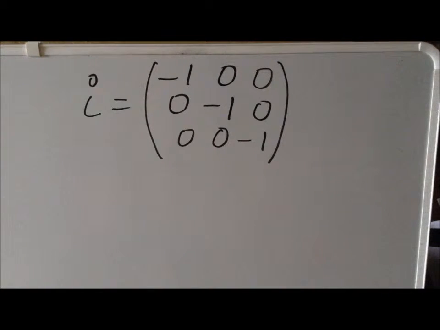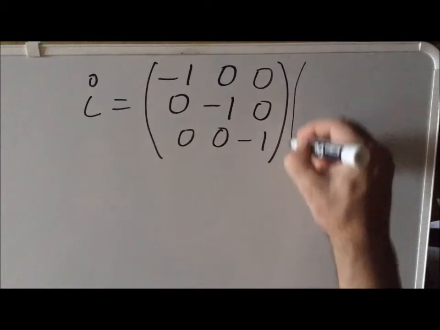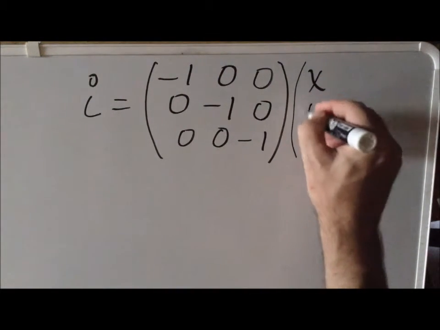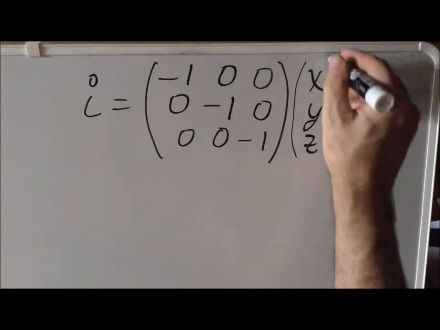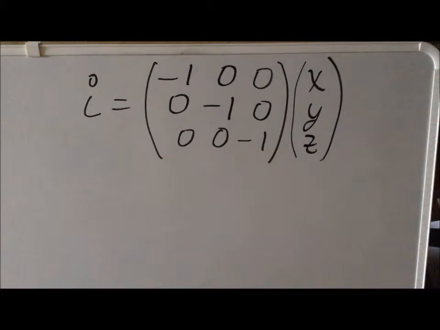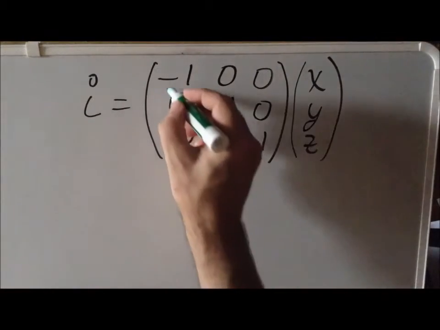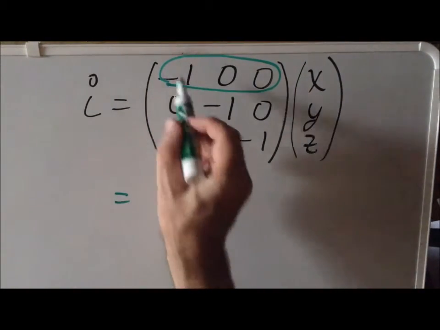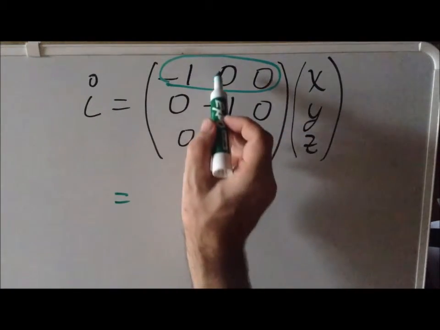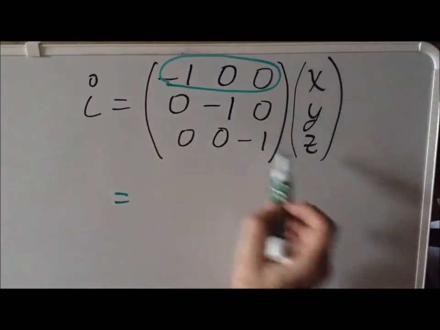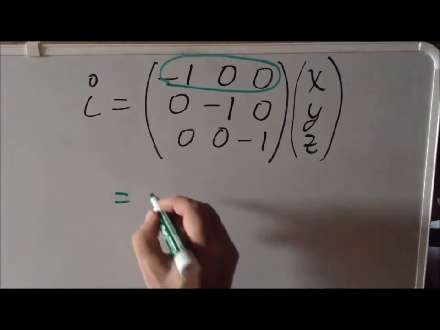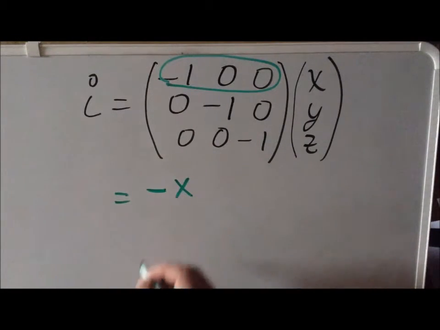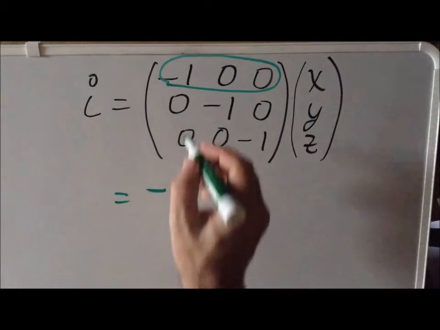Again, we can demonstrate that it acts on a point X, Y, Z. Here, the first row is now minus 1, 0, 0. So we're left with minus 1 times X plus 0 times Y plus 0 times Z, which gives us minus X. Similarly, the second row is 0, minus 1, 0.